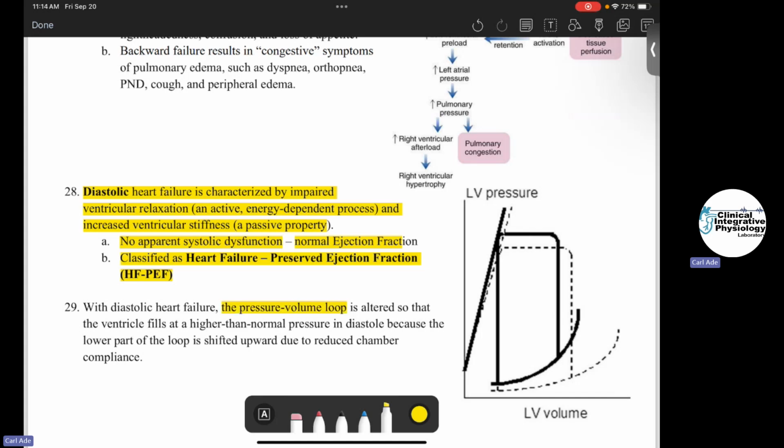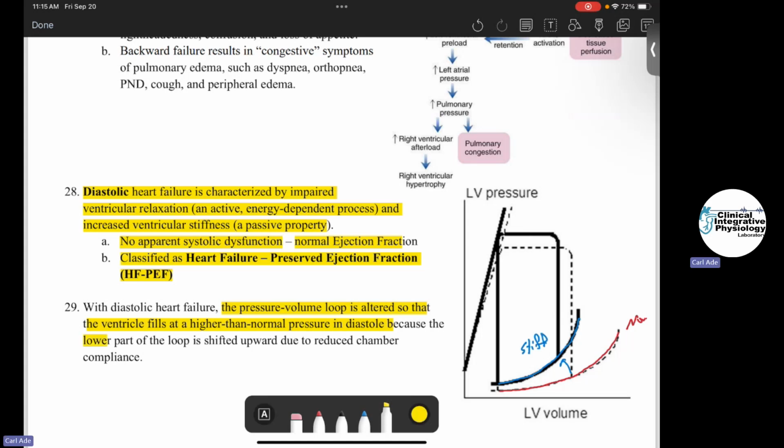So the pressure volume loop is altered so that the ventricle fills at much higher pressures than normal. Remember, we talked about the end diastolic pressure volume relationship. This is normal. With HFpEF, it gets shifted up. It's very, very stiff. So as the volume goes up, the pressure inside of it also goes up.